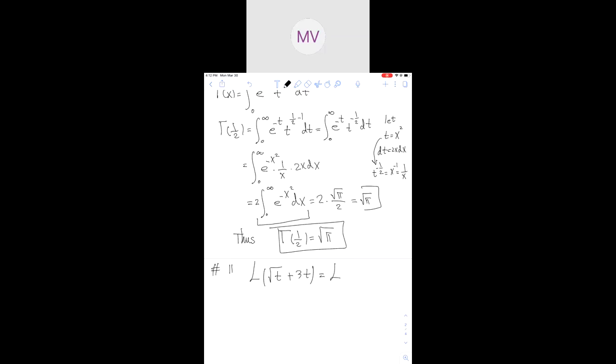So this is Laplace of t to the half plus 3, which is a constant, Laplace of t. Okay. Now remember, Laplace of t to the a in general was gamma of a plus 1 over s to the a plus 1.